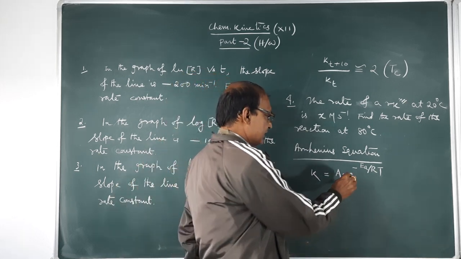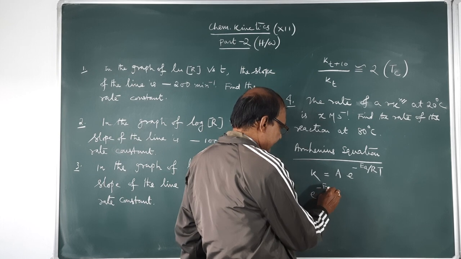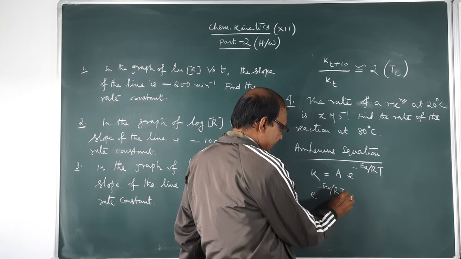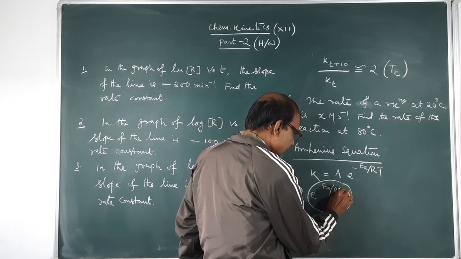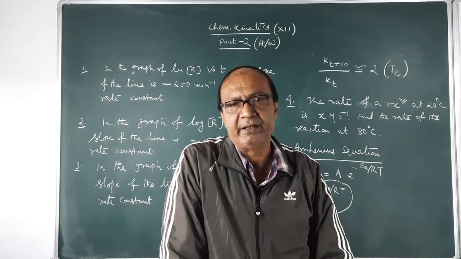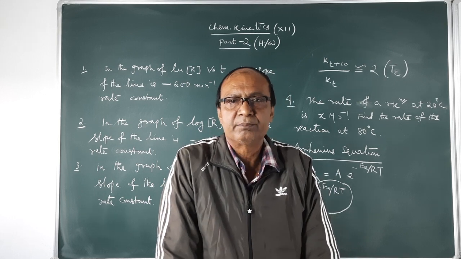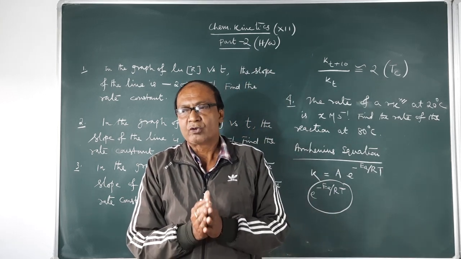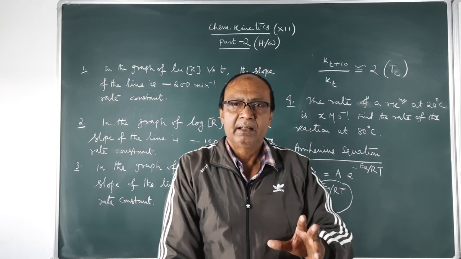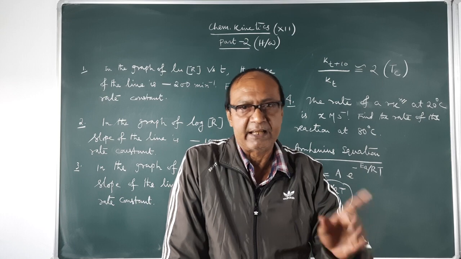So this term, e to the power minus EA by RT, denotes the fraction of the reacting molecules crossing the energy barrier for productive reaction.